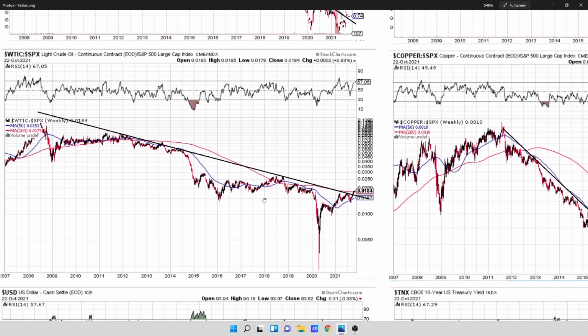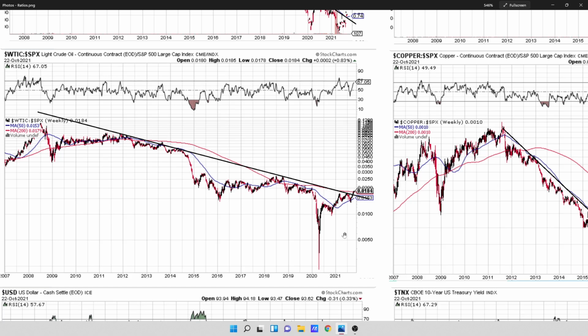So this is the oil to S&P 500. This is a big chart here. So the top was about right here. I drew it all the way down, and we're just breaking to the upside, where oil is outperforming the S&P 500. I'm a big oil guy, and if I were to price something like SM Energy in relationship to the S&P 500, SM Energy is going to be vastly outperforming stocks in general.